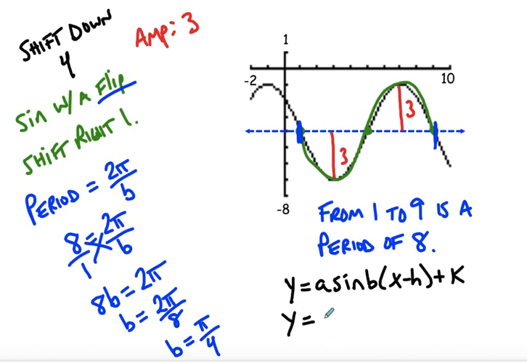Okay, so we have a flip, so it'll be a negative. Then the a value was a 3. The b value was pi over 4. X. Then we had a shift to the right 1, so that would be a -1. And then we had a shift down of 4, so that would be a -4.